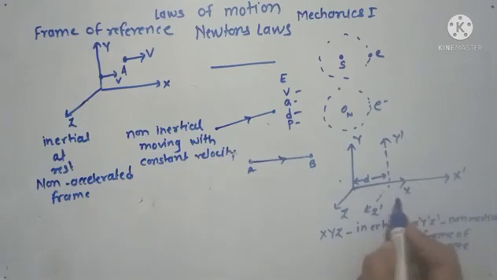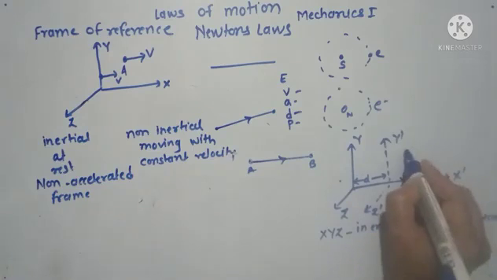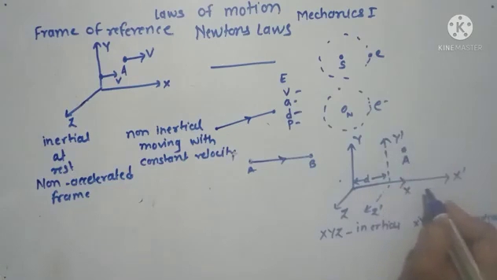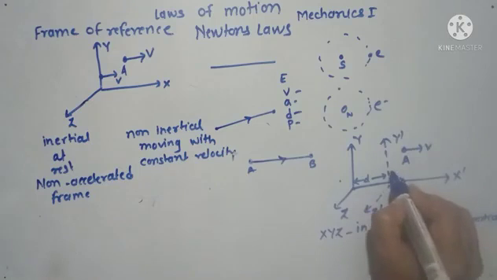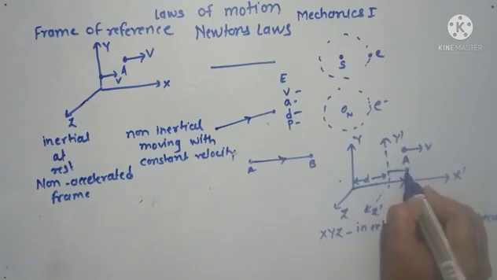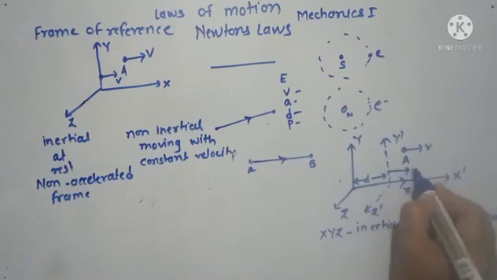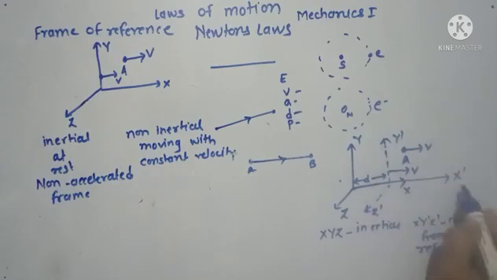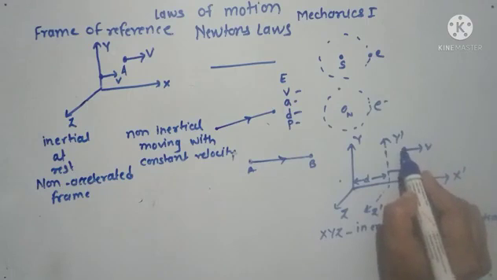Now if I have one particle, say A, moving with some constant velocity v, and this frame of reference is moving with the same constant velocity v, then x dash, y dash and z dash will become the inertial frame of reference for this particle.